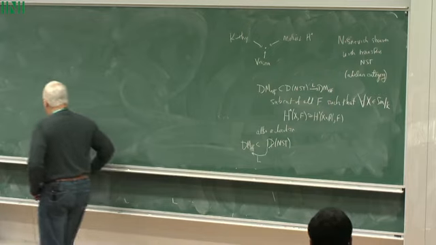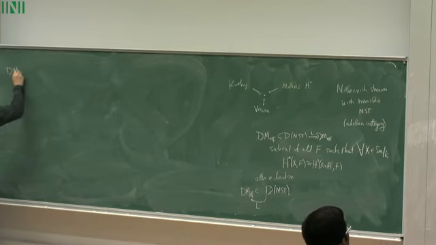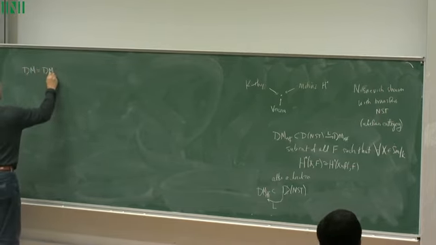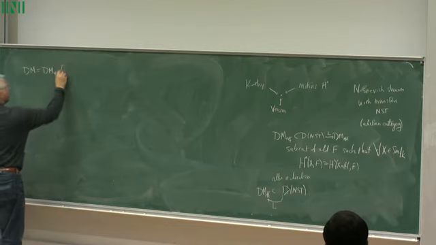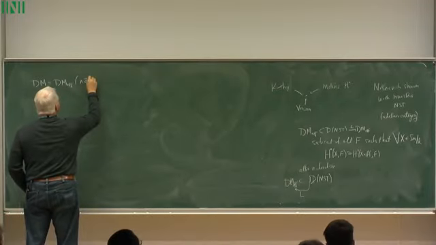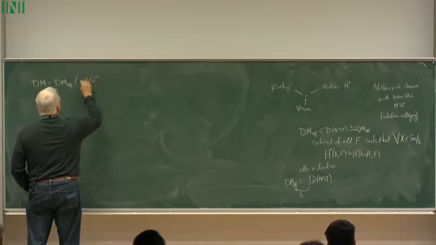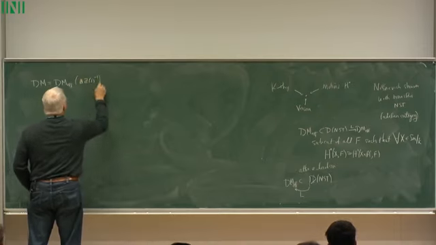And now I want to do the following thing. DM is what I get from taking DM effective and I remove, so I'll write tensor Z(1) inverse.